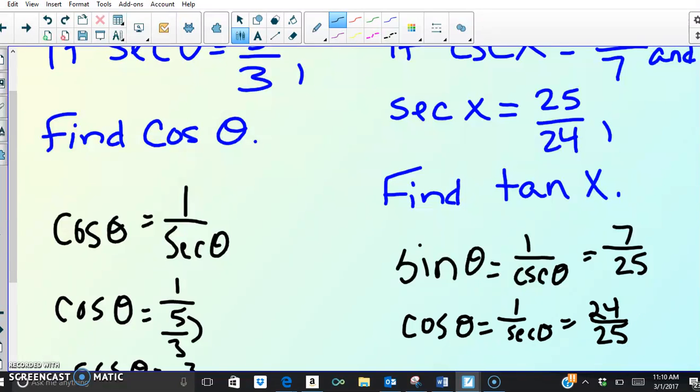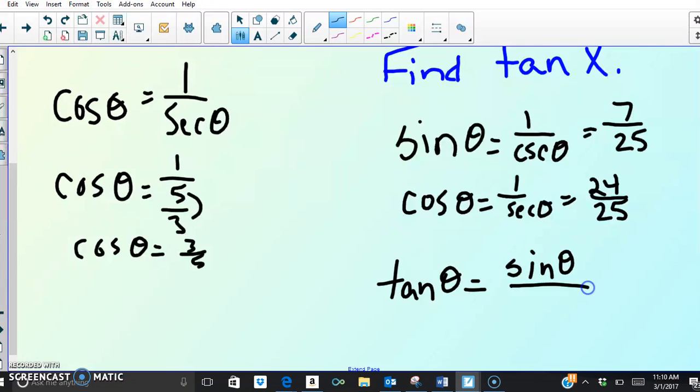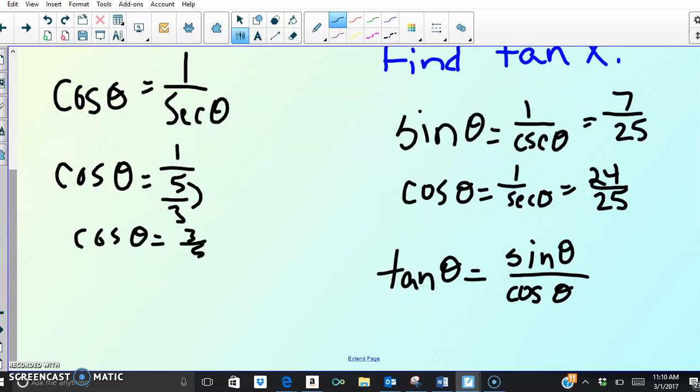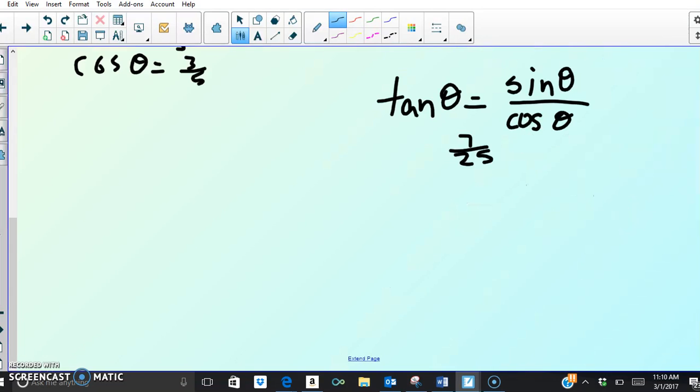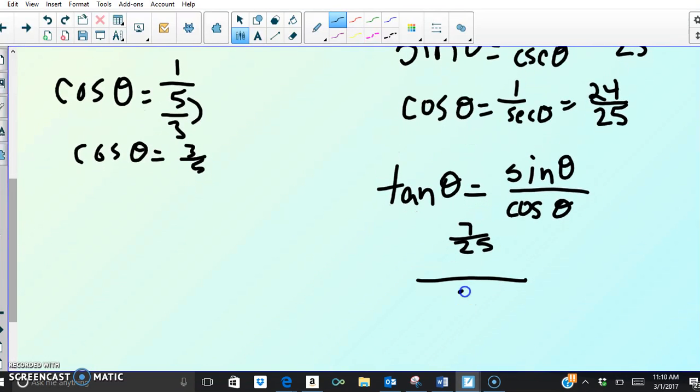Now, tangent theta equals sine over cosine. And I'm just getting this from my identities. So I'm going to take what I got for sine, 7 over 25, and I'm going to put that over what I got for cosine, which was 24 over 25.